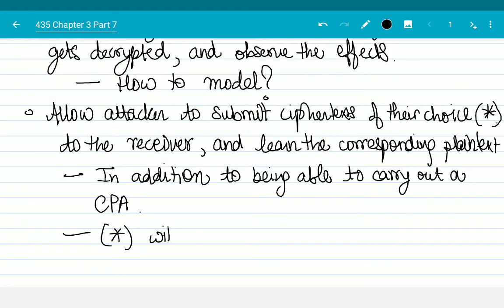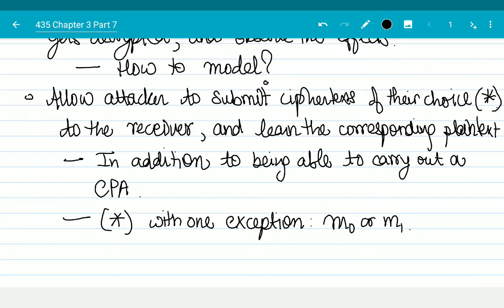With one exception. The exception. Sorry, let me just say C, which is the encryption of M_b.